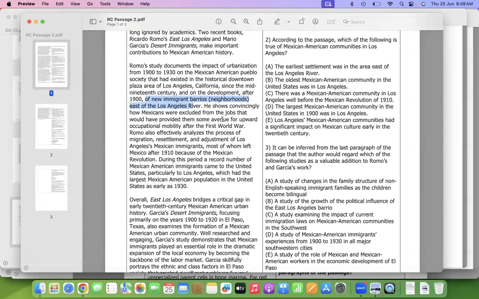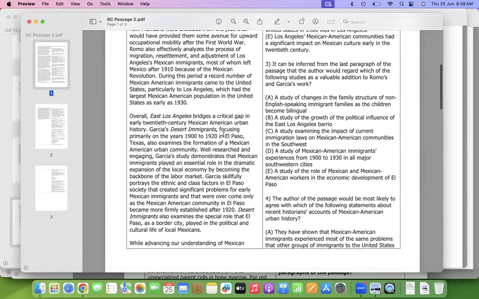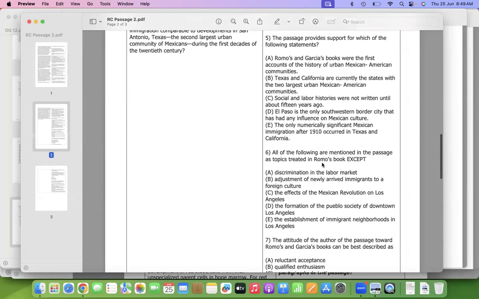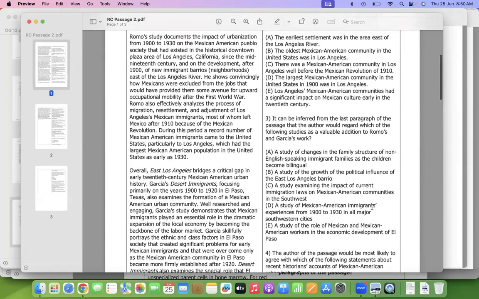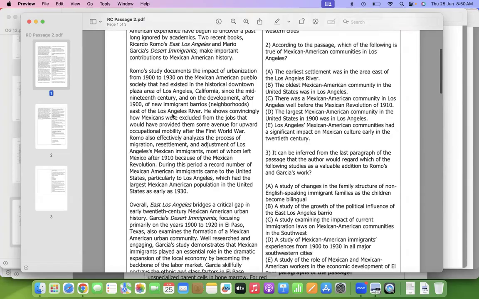Okay. But how is D? D is not mentioned. That's an except question. All are mentioned except D, but the formation of this society is not mentioned. The existence is mentioned, that it had existed. But when was it formed? That's not discussed.